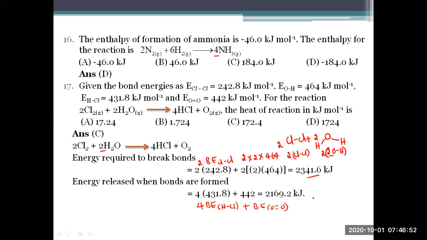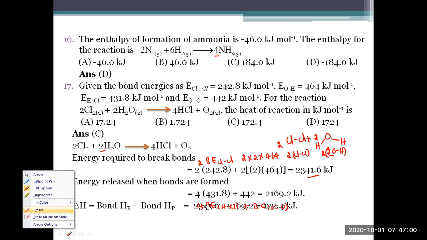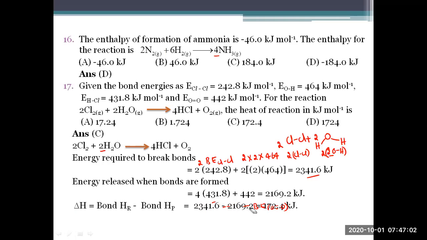So while substituting, you should be careful, it will be confusing. Finally, when you take bond enthalpy of reaction as bond energy of reactants minus products, you can easily say it is 172.4.